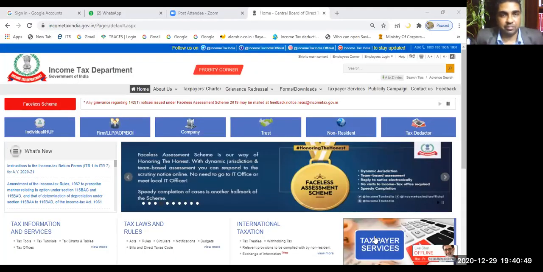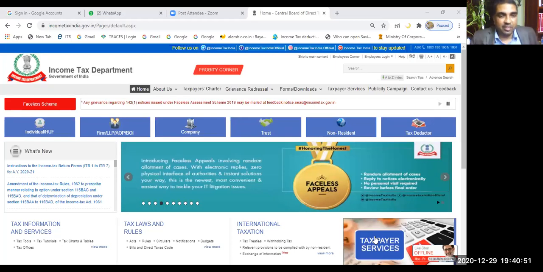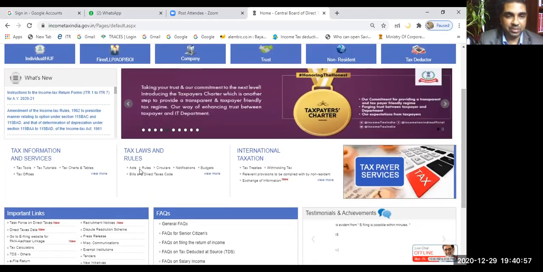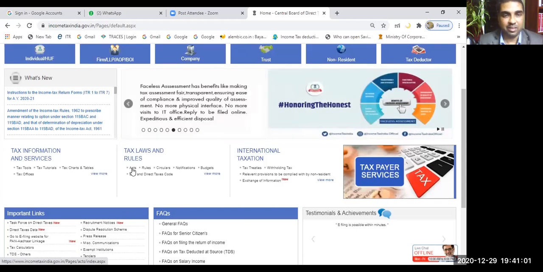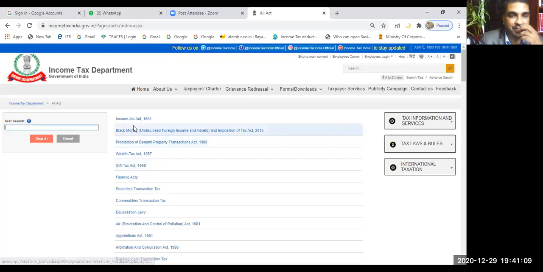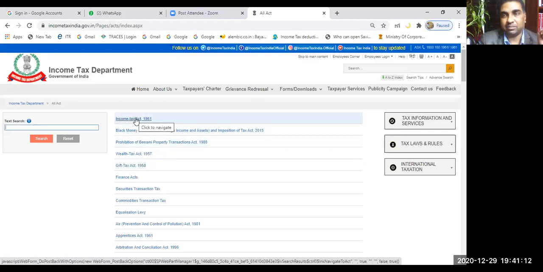Are you seeing the Income Tax Department's website now on your screen? Okay. Now you see, I'm taking you to this place. What is written here? Of course, the fonts are too small. Acts. If I click Act, I get this Income Tax Act.